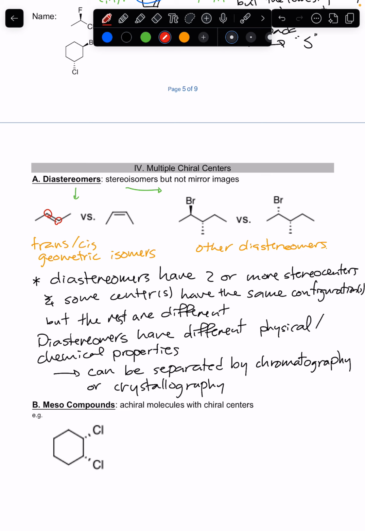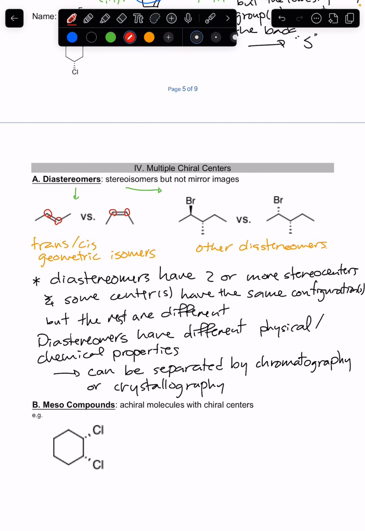The same with these two. And you notice that one of the stereocenters has the methyl group pointing in the same direction, whereas the other stereocenter has it the other way. So this fits the definition of diastereomers because they have two stereocenters, and one of them is the same, the other is different.